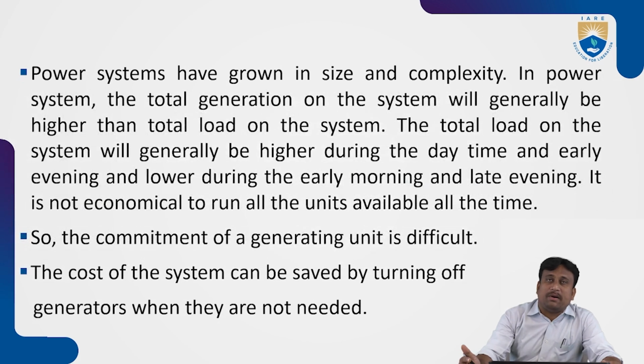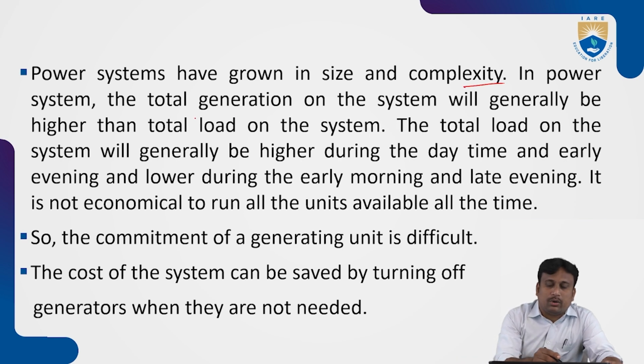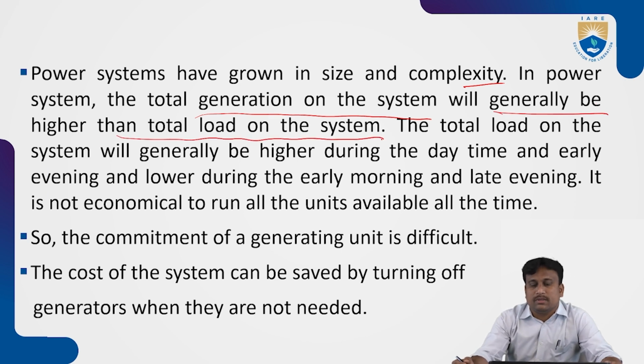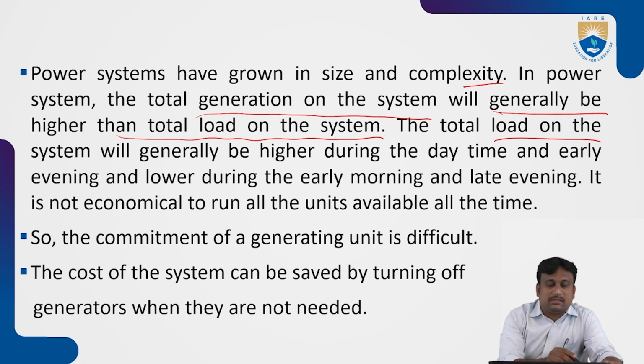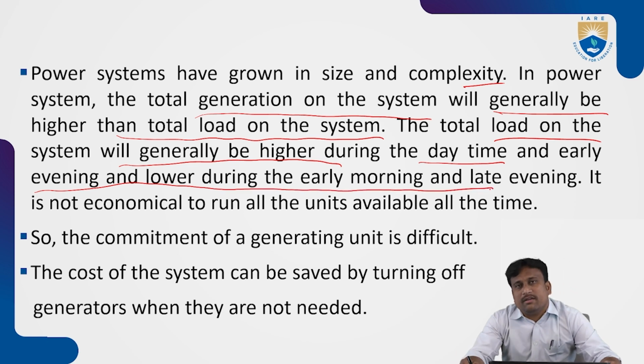So we know that the power system has grown very large in size and complexity. In that, the total generation on the system will generally be higher than the total load on the system. The total load on the system will generally be higher during the daytime and evening, and lower during early morning and late evenings.